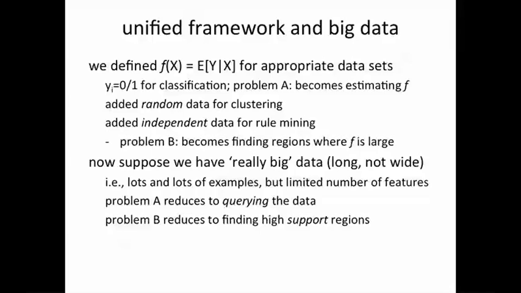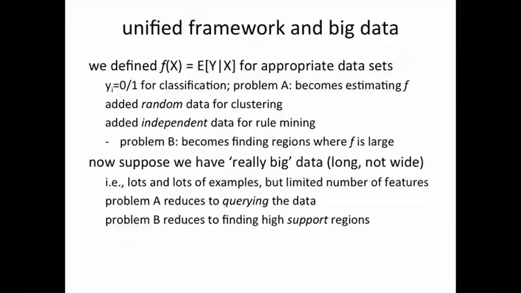Once we have only points which have high values of f, now the question is, what regions characterize these high values of f? Are there particular combinations of features which we can say are typical of high regions, and these would be our interesting rules or interesting clusters?